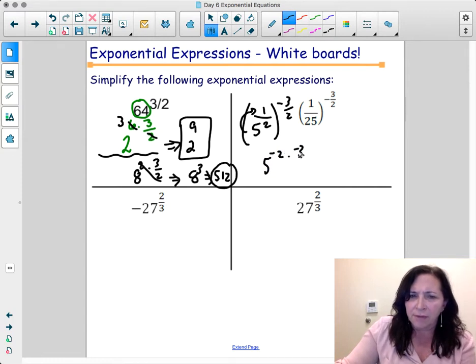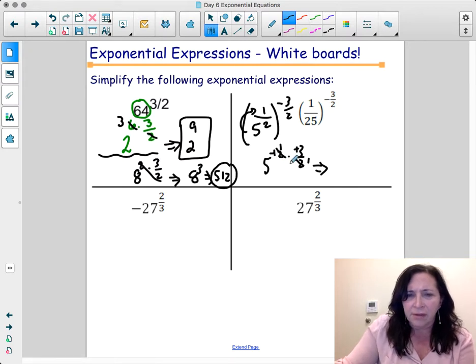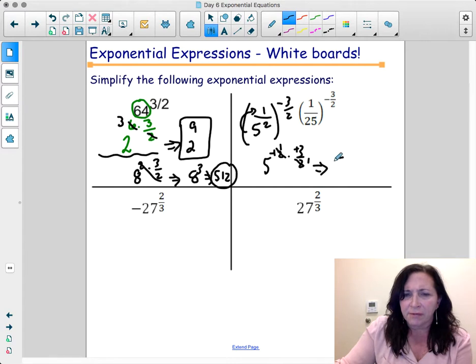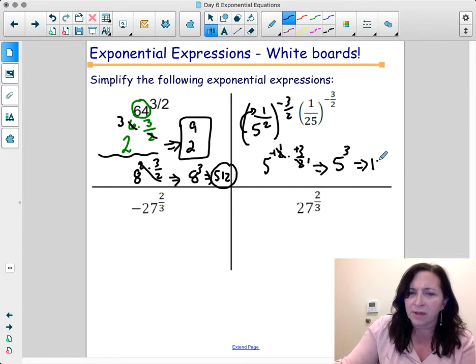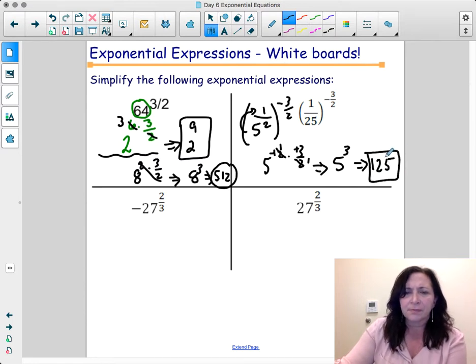And then you have negative 3/2 there, already there. And so what's going to happen is these 2's are going to cancel and make 1. The negative is going to cancel and make positive. And so I'm going to have 3 times 1. So I'm going to have 5 to the 3rd power, which is equivalent or the same thing as saying 5 times 5 times 5, which is 125.